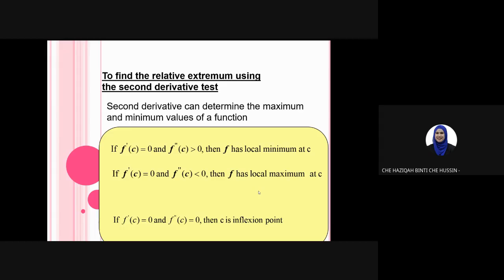If f prime c equals 0 and f double prime c is less than 0, then f has a local maximum at c. And the third one: if f prime c equals 0 and f double prime c equals 0, then c is an inflection point. We will look at when it has a local minimum, local maximum, and inflection point.